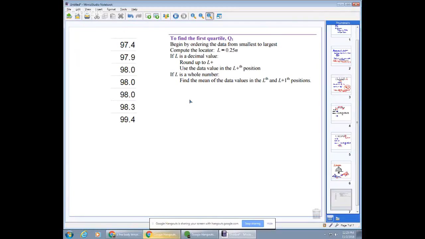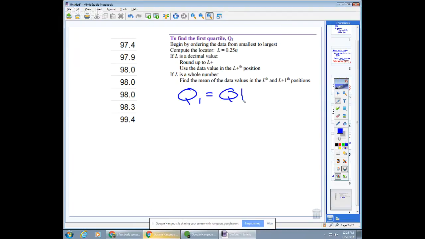Okay. So the way the locator method works is to find like the first quartile. Reminder, first quartile means 25% of the data is at or below that point. So usually it's abbreviated Q with a subscript 1. Sometimes subscripts are a pain to write, so we just call it Q1.